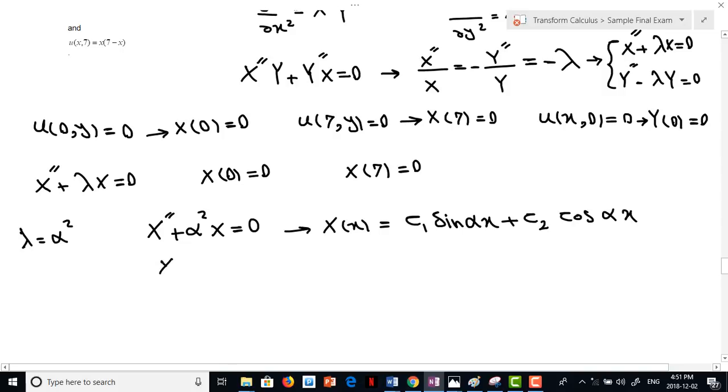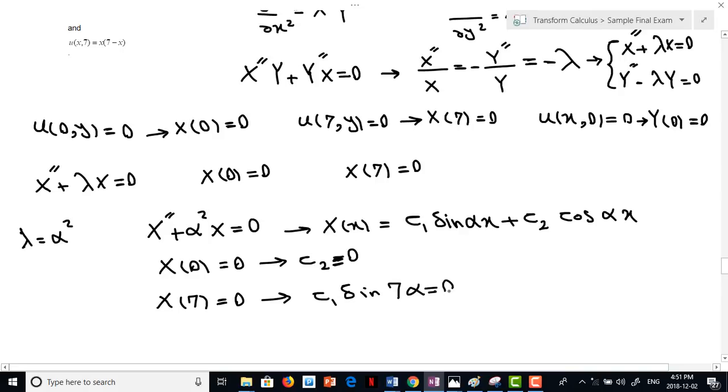Now we have X of 0 is equal to 0. As a result, C2 is equal to 0. We have X of 7 is equal to 0. As a result, C1 sine 7 alpha is equal to 0.